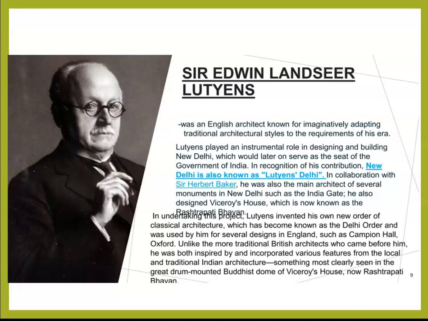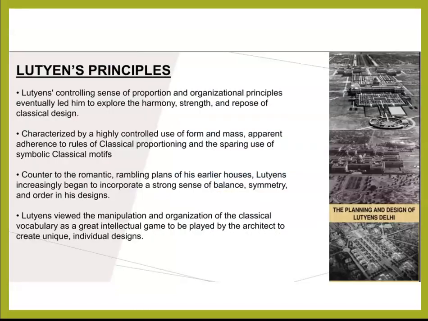Lutyens invented his own new classical order in the design of Delhi, called the Delhi Order, and he used the same design in several of his buildings in England, such as Campion Hall in Oxford. Unlike other traditional British architects, he incorporated many local and traditional Indian architectural elements within the buildings, such as the Buddhist domes of the Viceroy's House, now called Rashtrapati Bhavan.